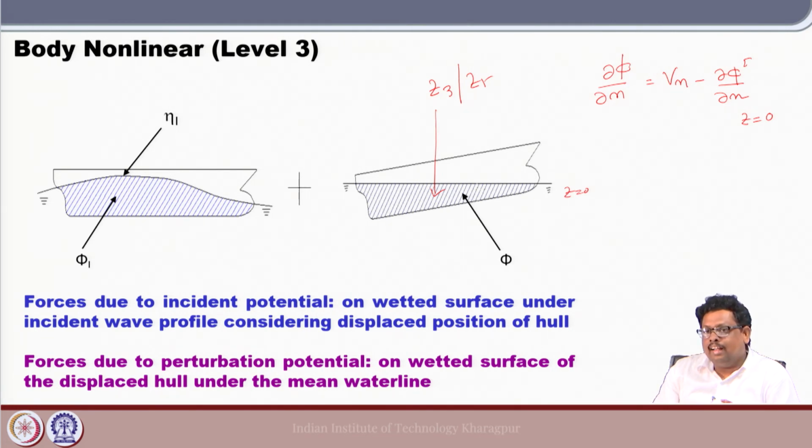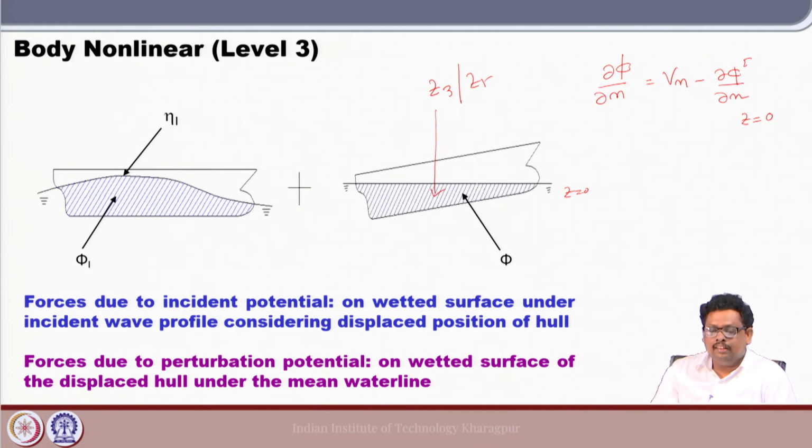Since I cannot use it, all the time I need to know what the mean wetted surface is. Now, in the linear case it is very consistent, we do not change the geometry, it is always the same, we are not incorporating the vessel motion into the body boundary condition.